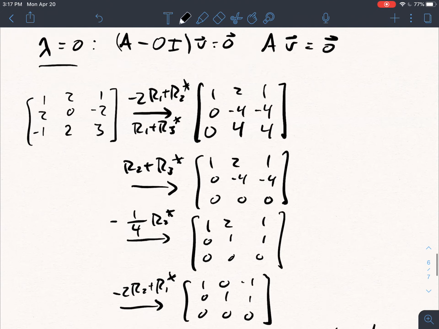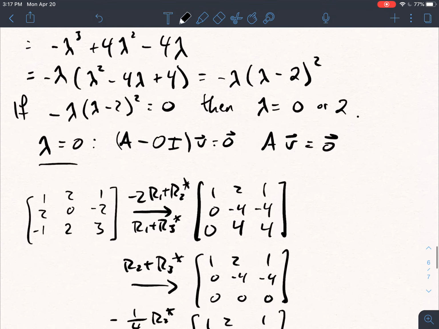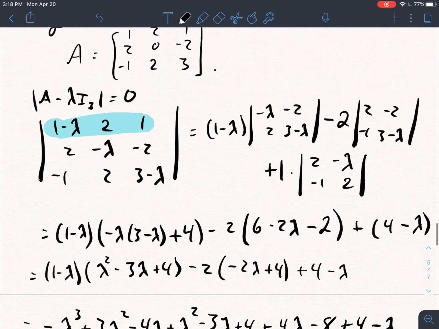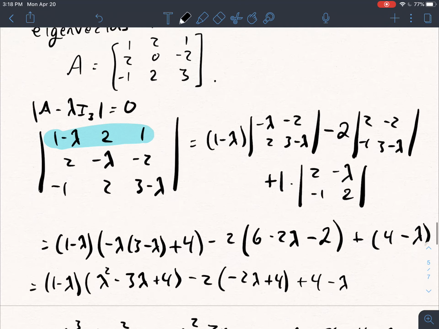And these are just multiples of 1, -1, 1. And so those are our eigenvectors for that eigenvalue.